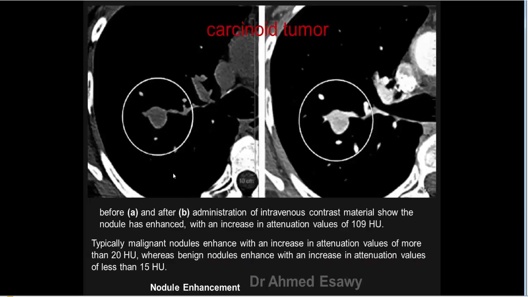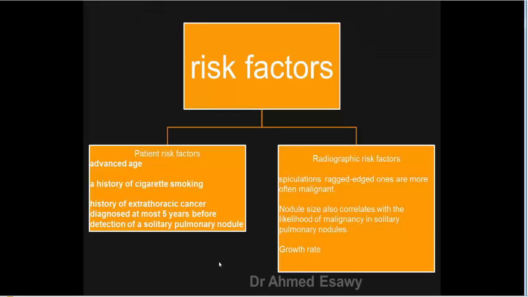Carcinoid tumor example: before and after administration of contrast material, it shows high enhancement with increased attenuation. This is characteristic of a malignant nodule. A malignant nodule typically enhances with increased attenuation of more than 20, while benign increased attenuation is less than 15 Hounsfield units.